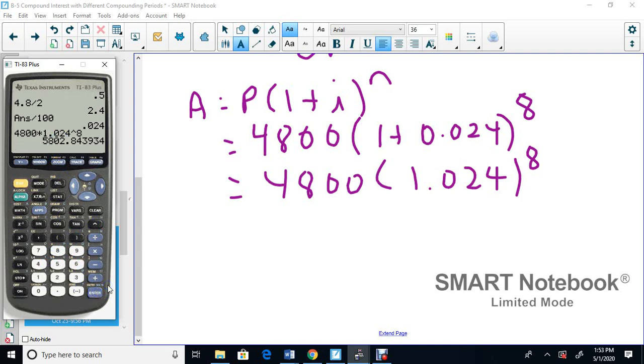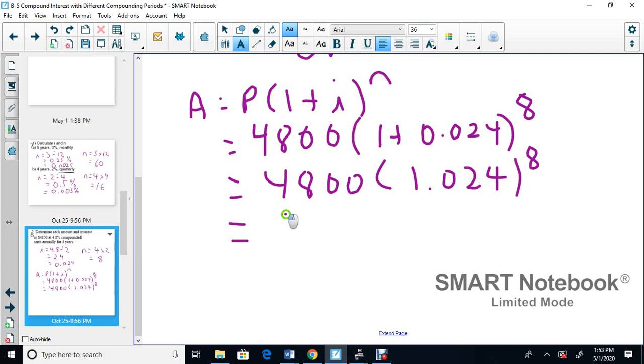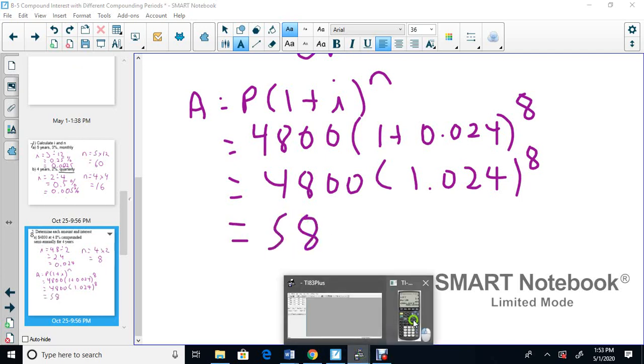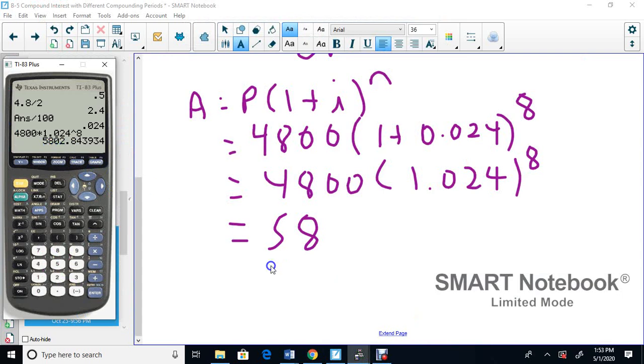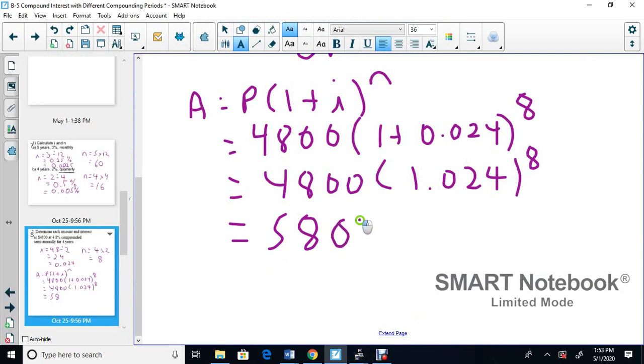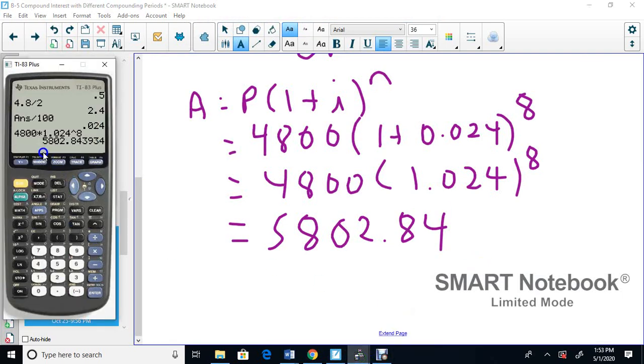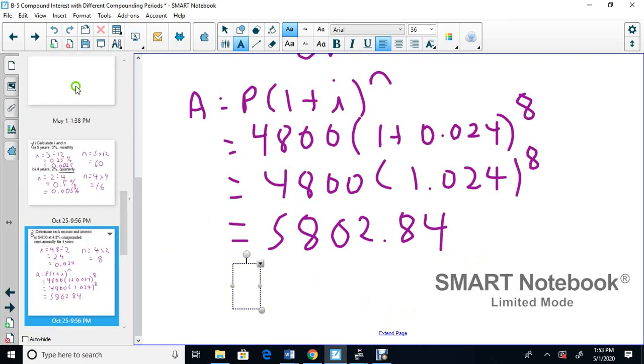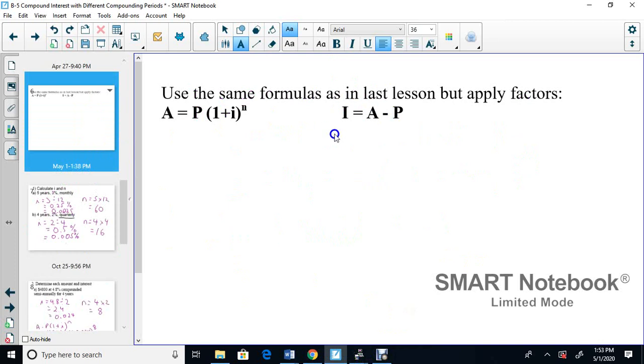And you get an amount of $5,802.84. Let's make sure I copied that correctly using my calculator. 5802.84. Got it.